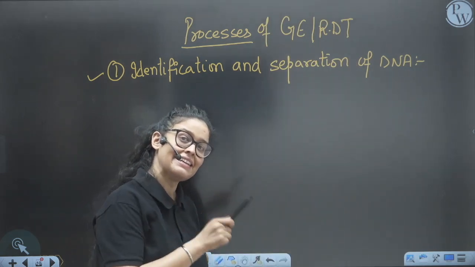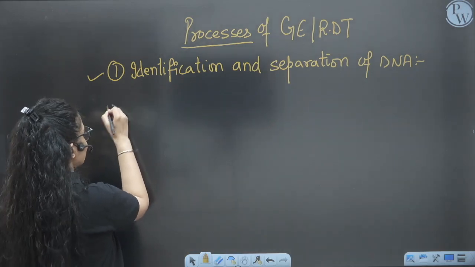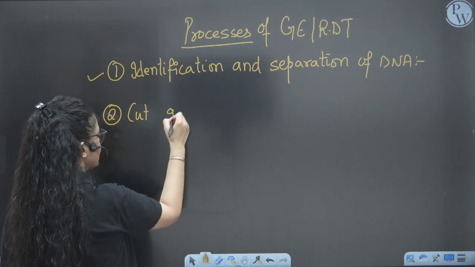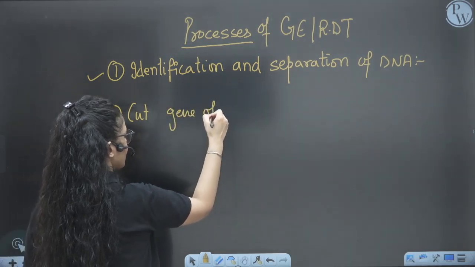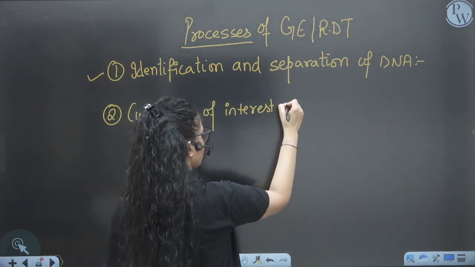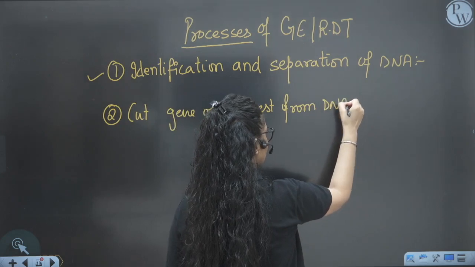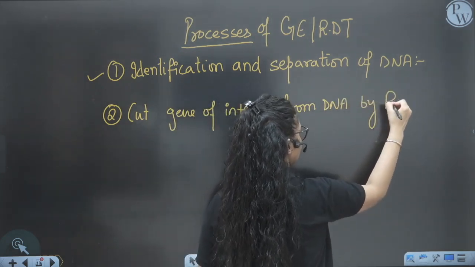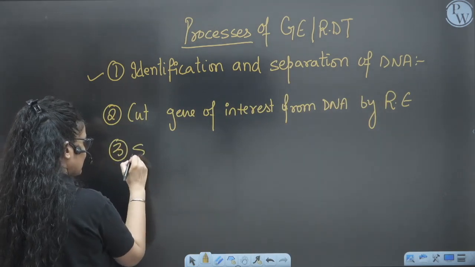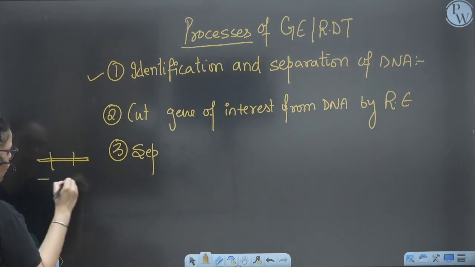Recombinant DNA technology, right? So after identification and separation, we will cut gene of interest. We will cut gene of interest from the DNA, right? This is our second step, from DNA with help of restriction enzyme. Third, after cutting them, we will get a lot of fragments.